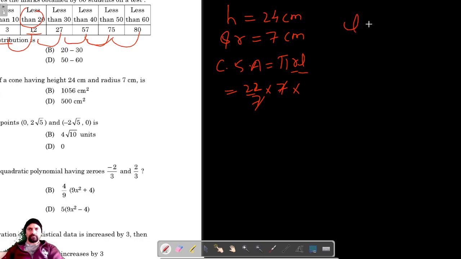Now L square is equal to h square plus r square, and L is equal to the square root of h square plus r square.